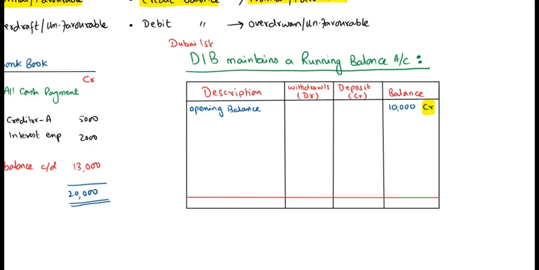Dubai Islamic Bank is preparing this account on behalf of ABC Limited. So 10,000 is a liability of DIB. The DIB has to pay this 10,000 to ABC Limited. That's why it's a liability, and that's why DIB credits the 10,000. Now you got it.